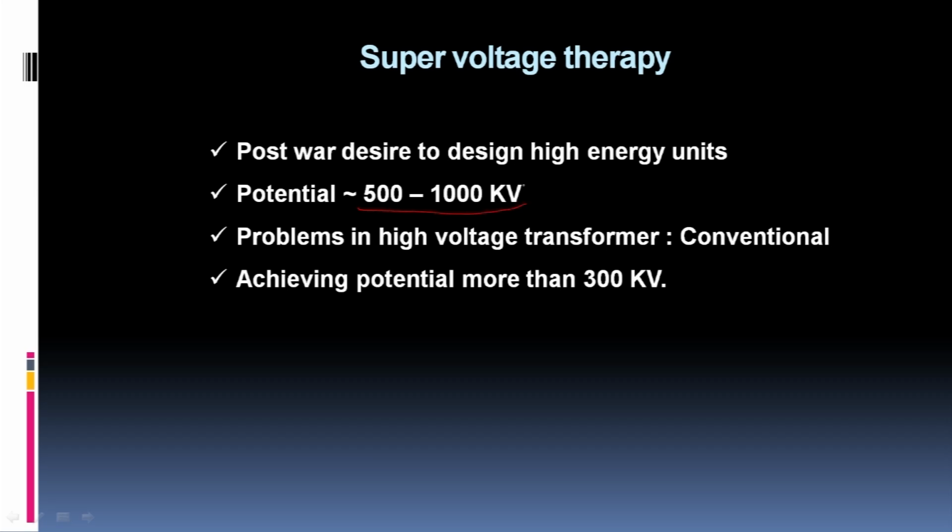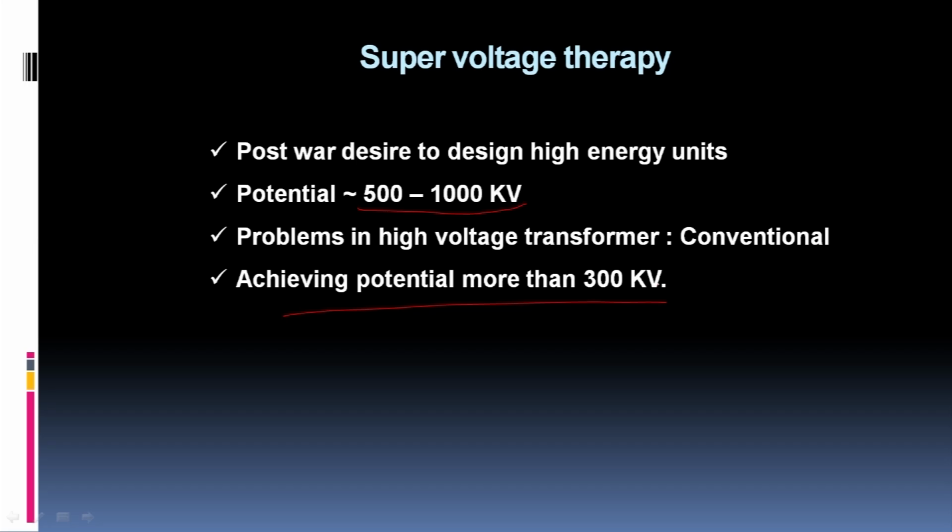Again we have already discussed that there was a problem in the high voltage transformer if we use the conventional transformer. So achieving potential more than 300 kilovoltage was not possible at that time.